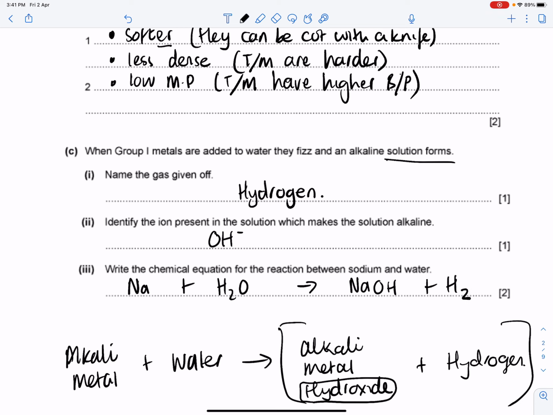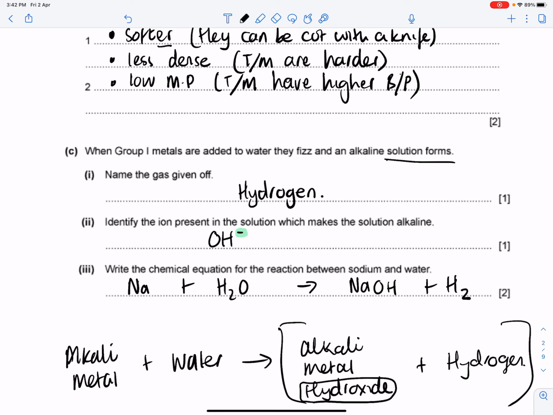Now, because the hydroxide has a -1 charge here, we know that this is -1, and we know that this is +1 because it's a group 1 metal, so we know that the chemical formula for this sodium hydroxide is going to be NaOH. Don't worry so much at the moment if you do not understand what a hydroxide is. We're going to do that in Module 5.